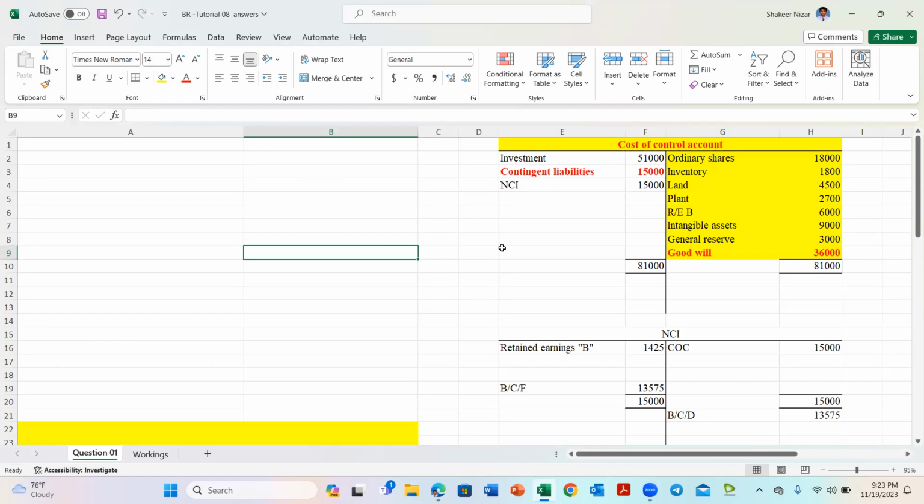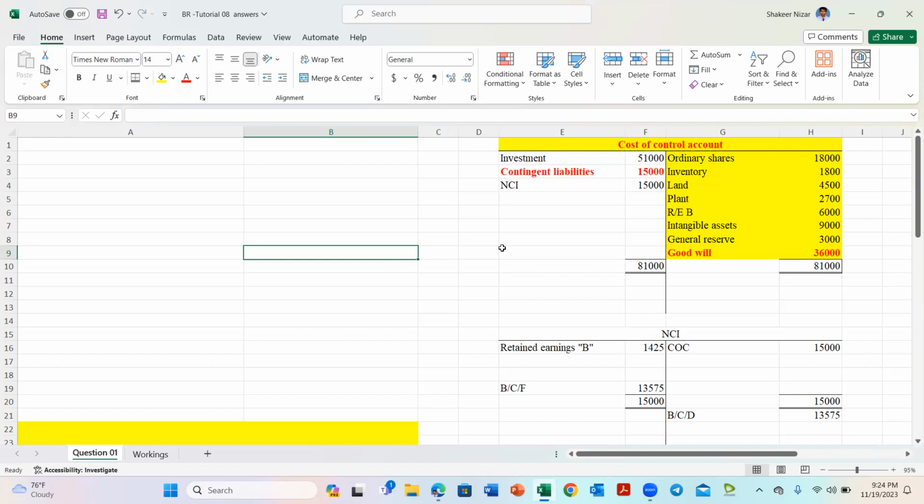Now it is 25 plus 15, so the net asset is 60. It means such liabilities arising impact the net asset. The net asset will be decreased.